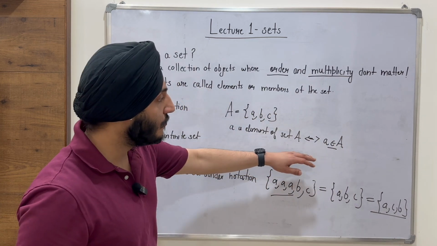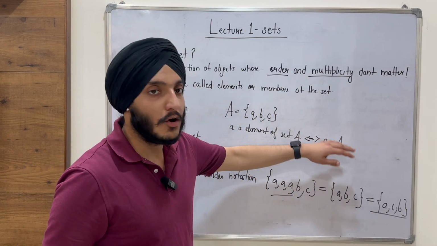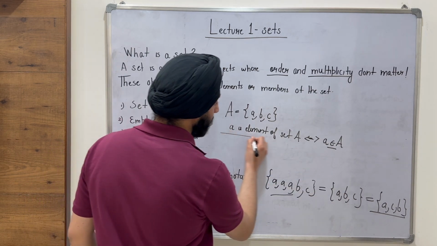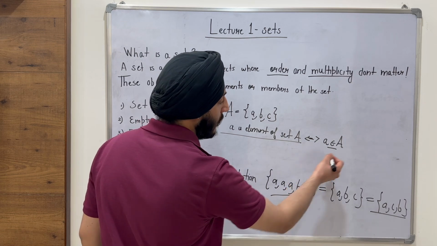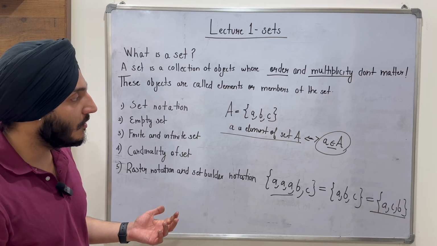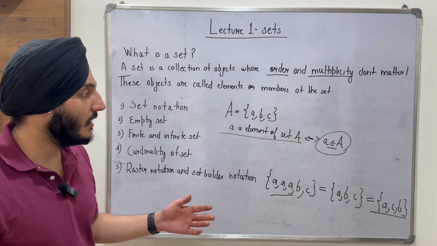This symbol is used to represent that a is an element of the set A. In very simple words, as you can see, we have this big English sentence over here and I've reduced it down to these simple 3 words, right? So this is a very important thing to understand. This is just a very basic thing.